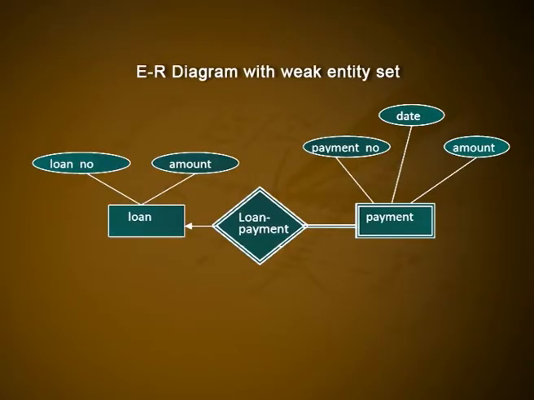The given ER diagram represents the relationship between loan and payment. The double outlined box represents a weak entity set and a doubly outlined diamond indicates the identifying relationship.